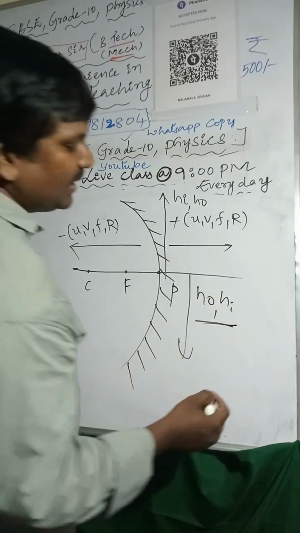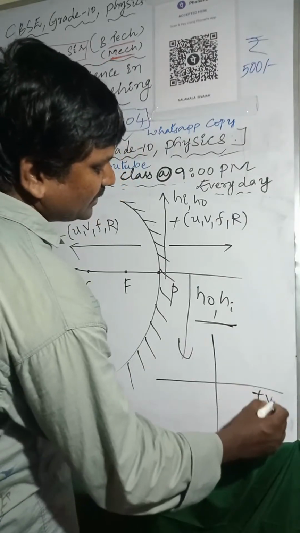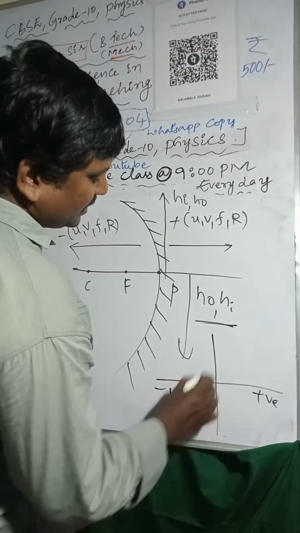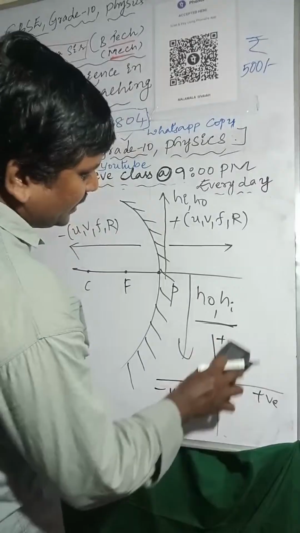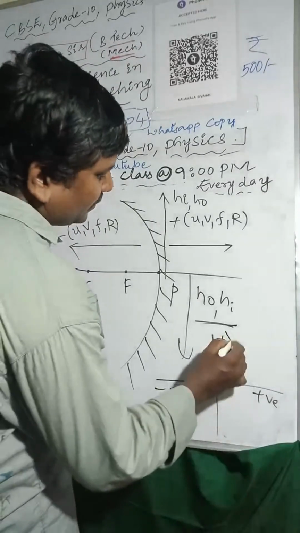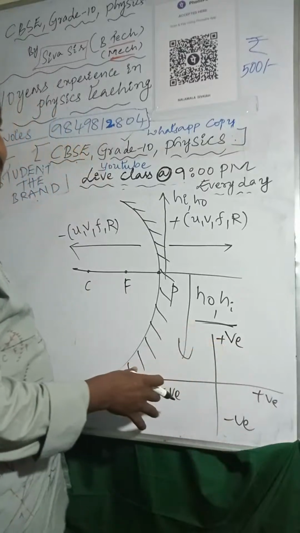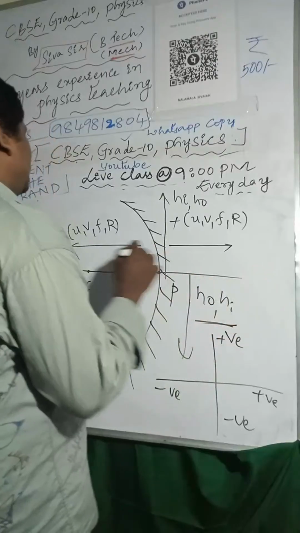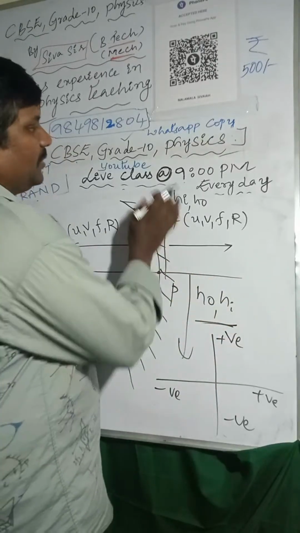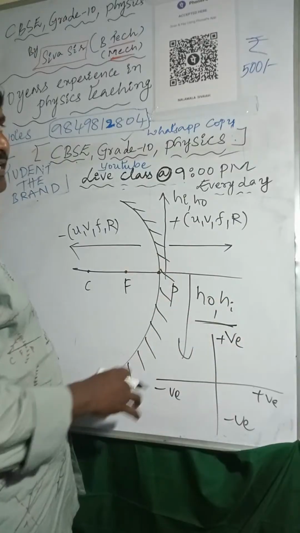So you know the coordinate axes, x-axis and y-axis: positive x-axis, negative x-axis, positive y-axis, negative y-axis. In the same manner we can remember this concept. Along this direction positive, opposite to this direction negative, above the principal axis positive, below the principal axis negative. So this is about sign conventions.